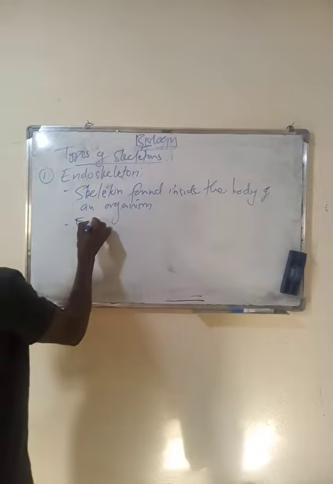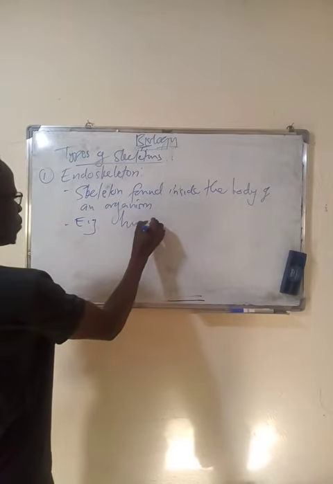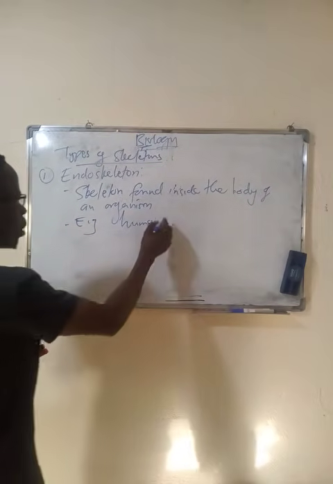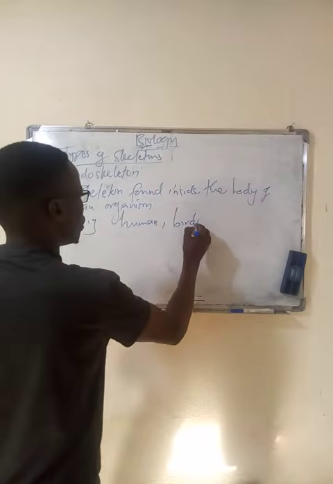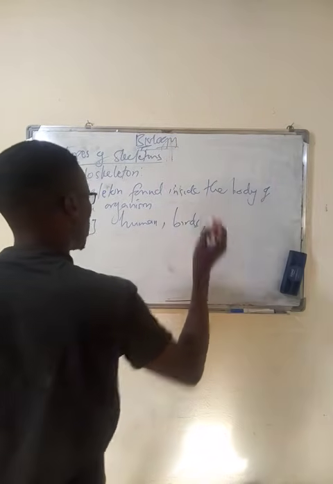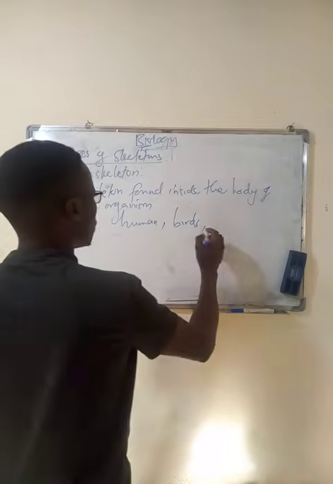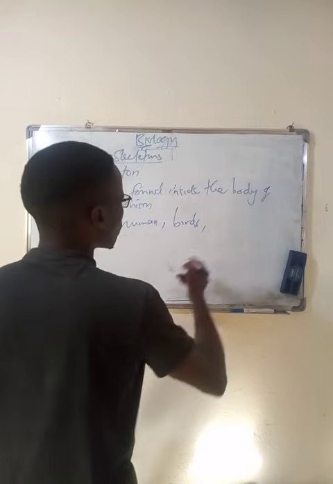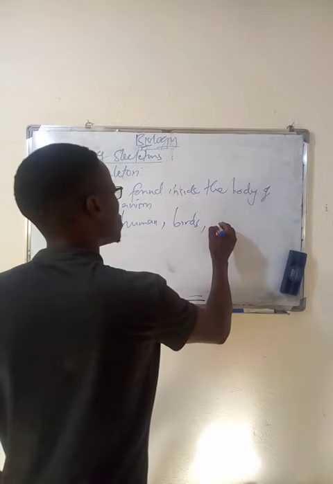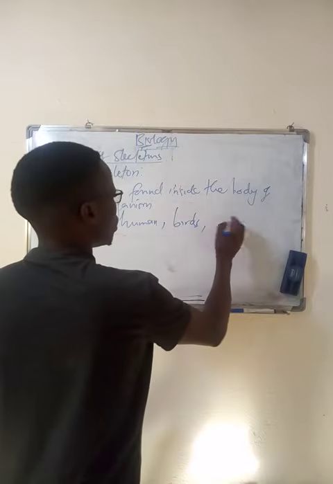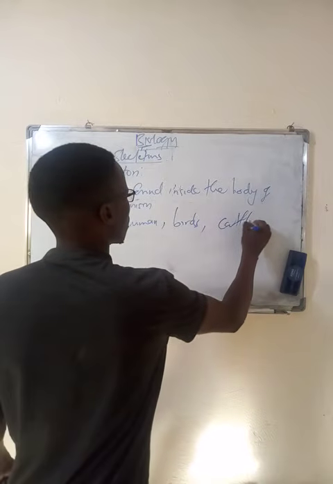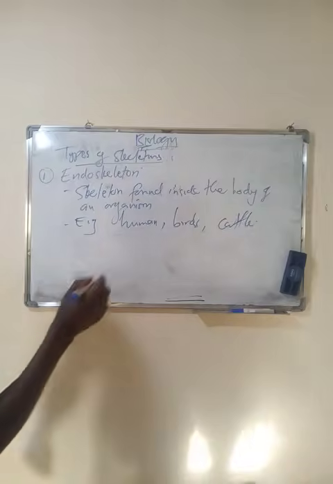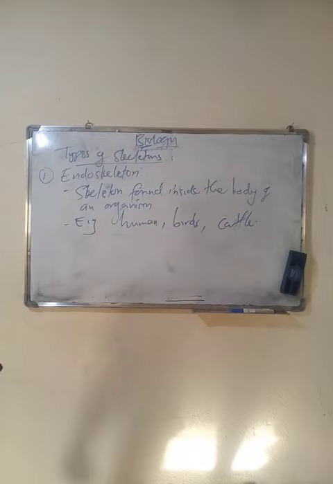So an example is humans, we can talk of birds, we can talk of cattle, all those have what is called the endoskeleton.